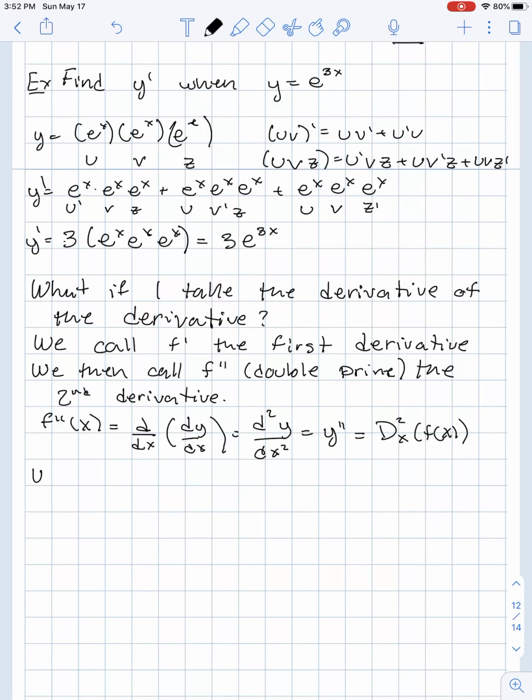All right. So usually once we hit the fourth derivative, we're not going to have like 100 primes.